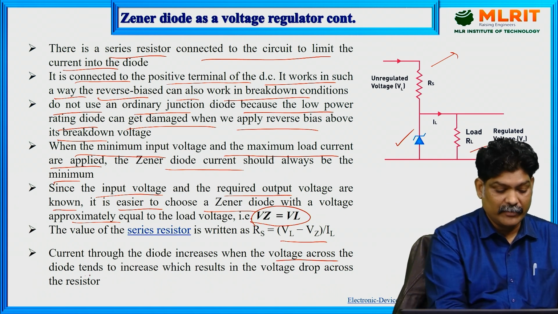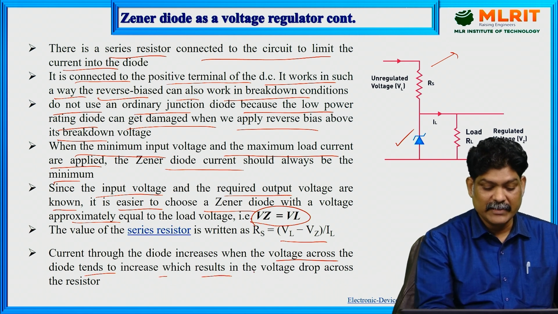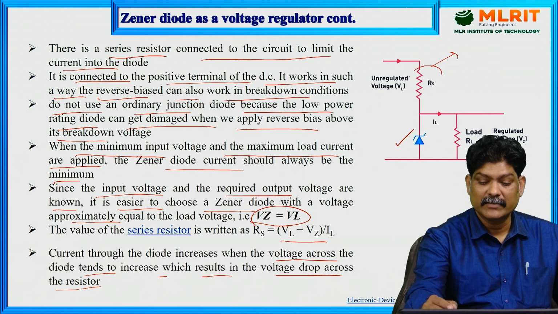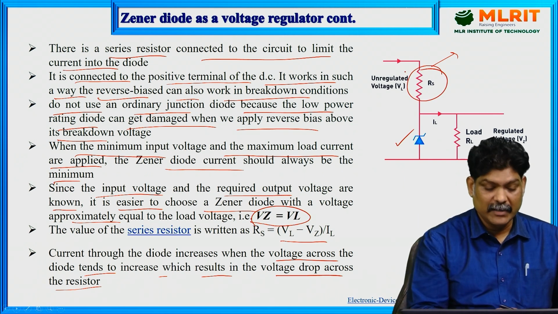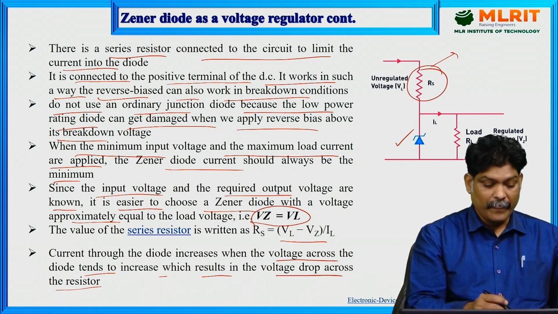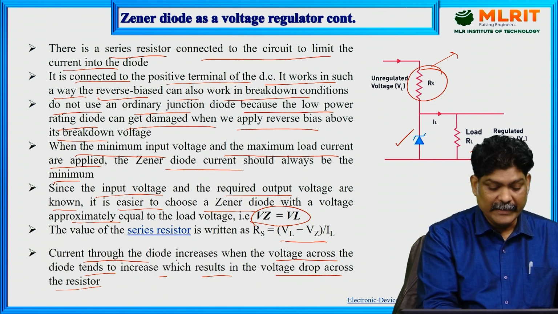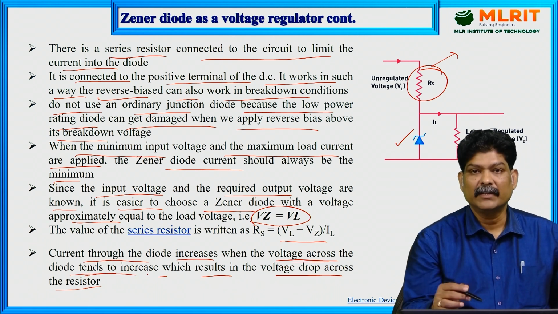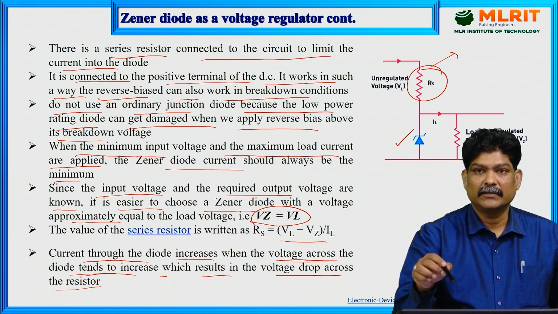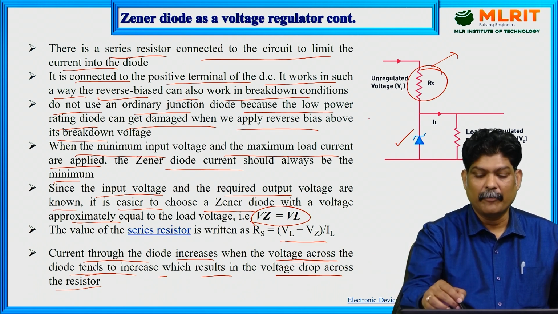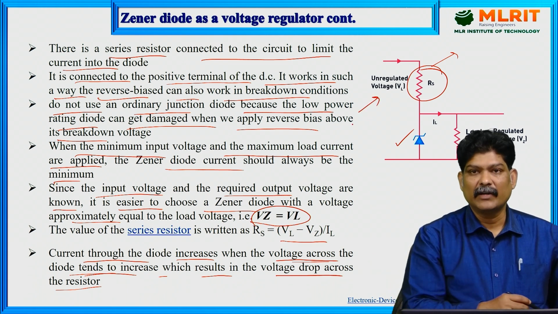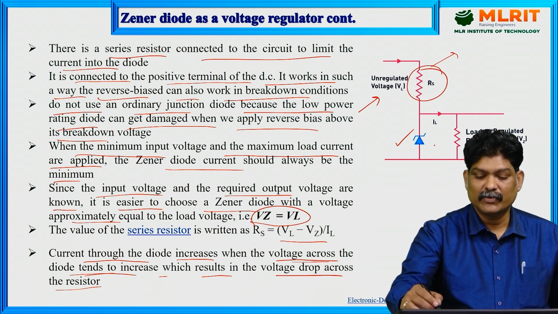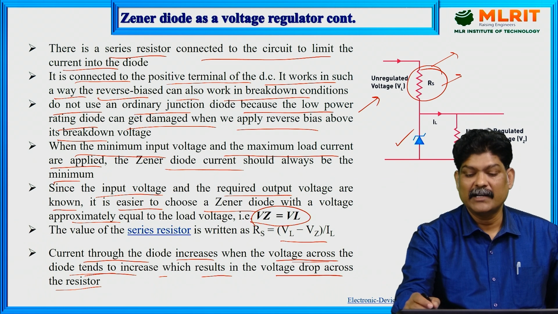Current through the diode increases when the voltage across the diode tends to increase, which results in a voltage drop across the resistor. If the voltage drop across this resistor increases, it means the current is decreasing. When we apply any unregulated voltage, there is a current flow through the source resistor or current limiting resistor.